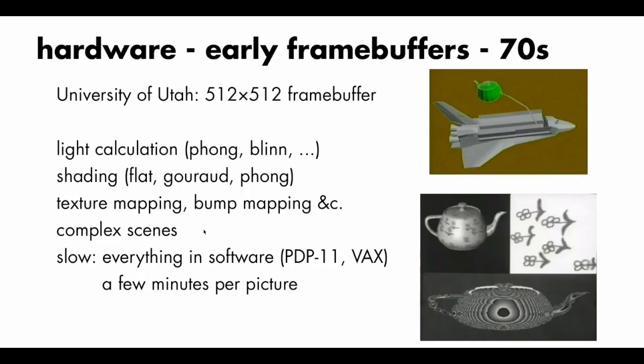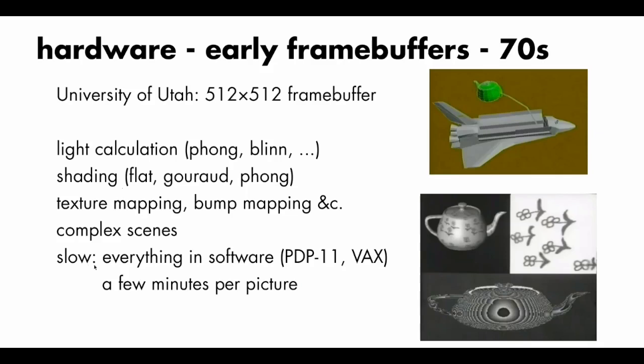So at that time, with that hardware, you could also do kind of complex scenes because you just write into the frame buffer, and it just stays visible until you change it. Whereas with the vector graphics, the display worked differently, and you had to draw fast and so on.